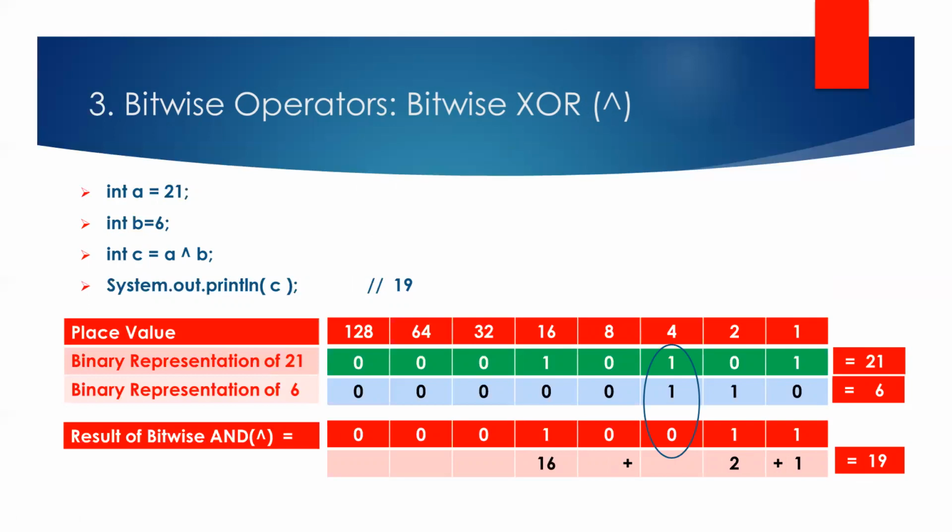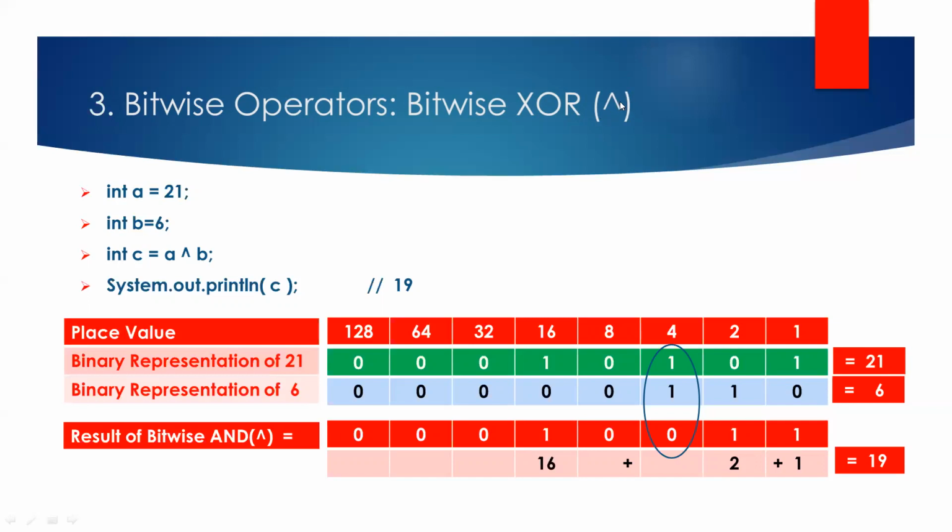Okay, what is bitwise XOR, exclusive OR, we say. To represent this we use the caret symbol, and you will find the symbol on the keyboard on the 6 numeric key.